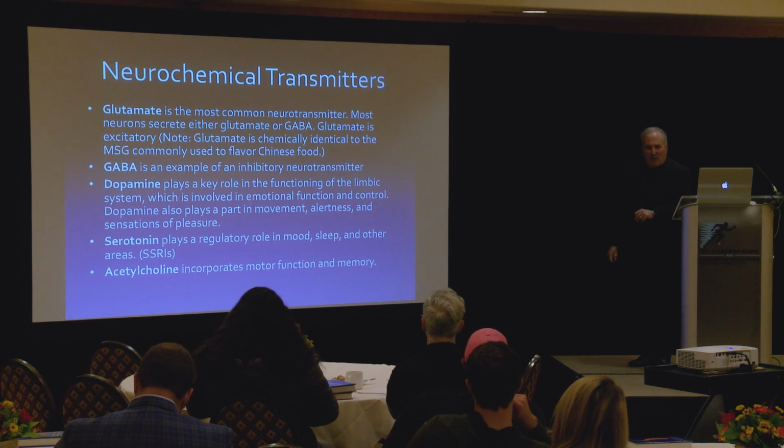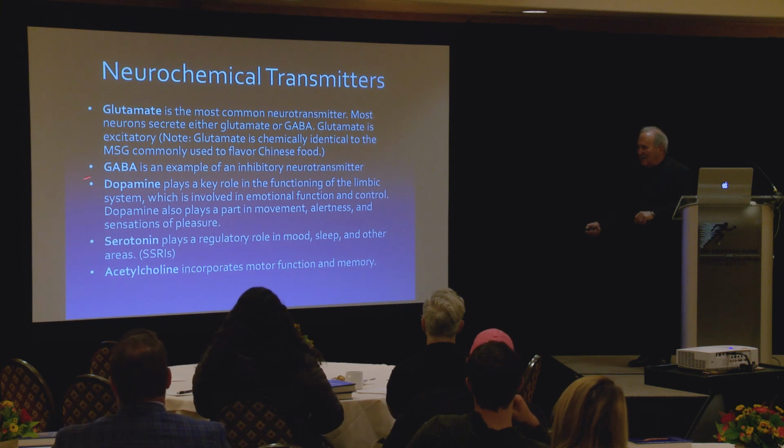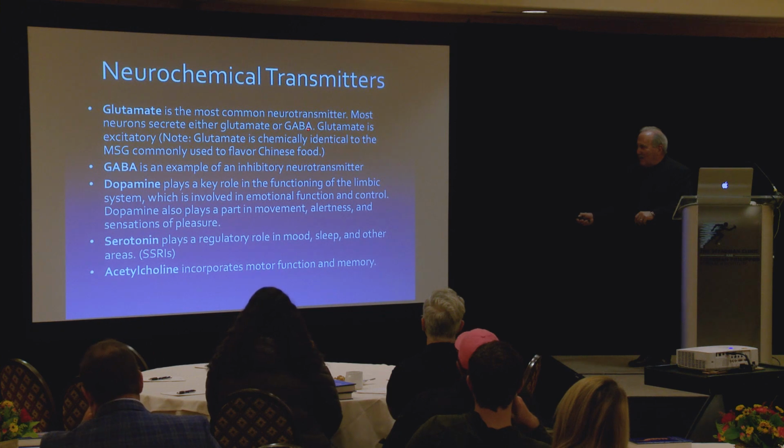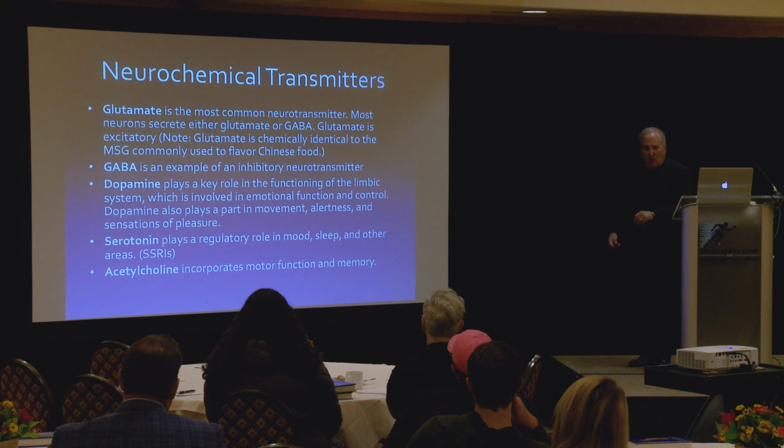So when you go to your Chinese restaurant, you're sprinkling neurotransmitter on your food if you do that, just to let you know. So gamma-aminobutyric acid is the analog of glutamate, and that is an inhibitory neurotransmitter. So everybody knows Neurontin or gabapentin. So what you're taking is an inhibitory chemical to slow nerves down. That's what it is.